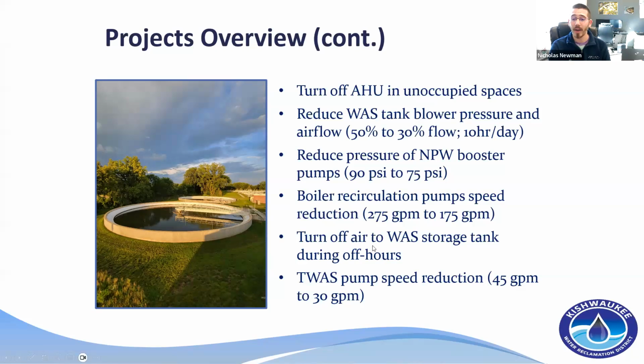Turning off our air to our WAS storage tank during the off hours, we found that we can reduce that airflow and still, like I said, still get good waste activated sludge. And then for our TWAS, again, a pump speed reduction going down from 45 GPM to 30 GPM has not presented any problems for us.